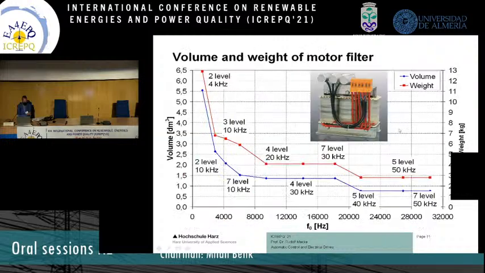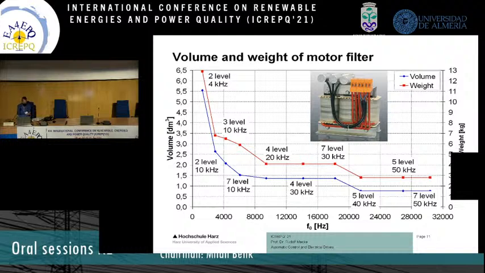This slide shows the volume and weight of the motor filter for various inverter levels and switching frequencies. By increasing the number of levels from 2 to 5 and the switching frequency from 4 to 40 kilohertz, volume and weight can be reduced by about 80%.